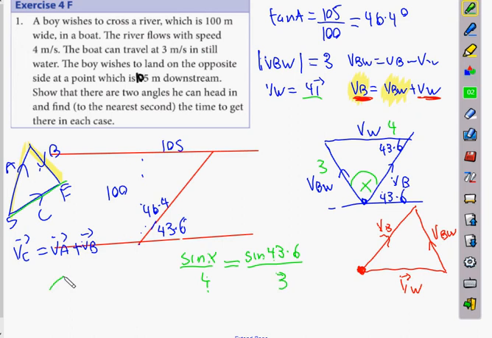Therefore, x is sine inverse of 4 multiplied by sine 43.6 divided by 3. Anybody got that? 4 sine 43.6 divided by 3, sine inverse the answer. Let me know what you get.